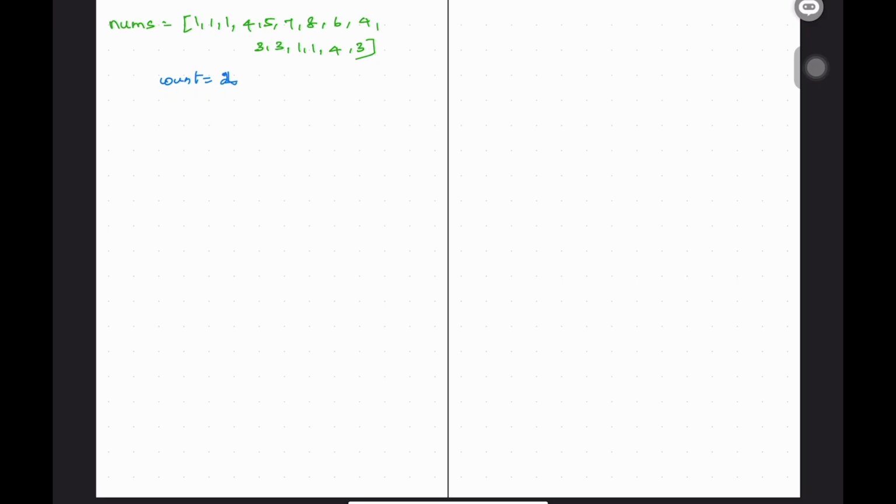Now after seeing this index, if the previous neighbors are equal, we should count them together. For 4, we'll keep on counting this and keep checking where this is starting.